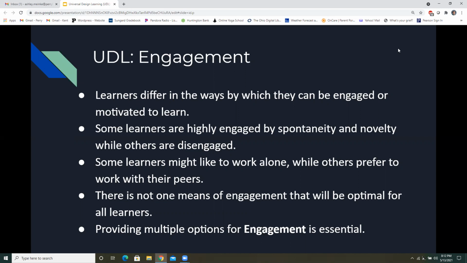So this is where you have to find a balance between individual work and cooperative learning in the classroom. So there is not one way of doing things. There is not one means of engagement that can be optimal for all learners. So as an instructor, as a teacher, you need to be aware that certain things work best with certain concepts. And so the takeaway is providing multiple options for engagement is essential.